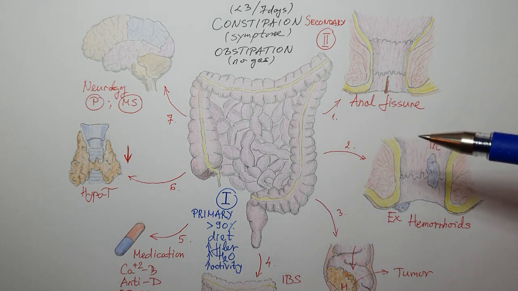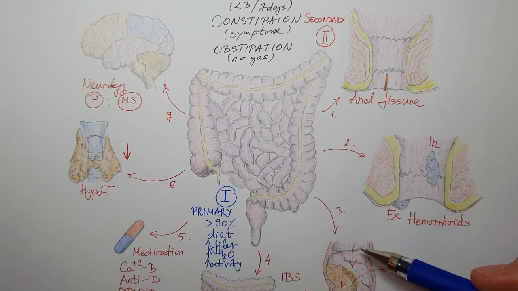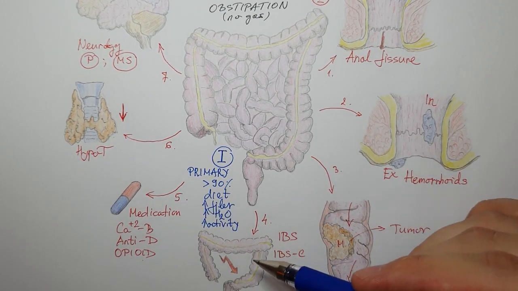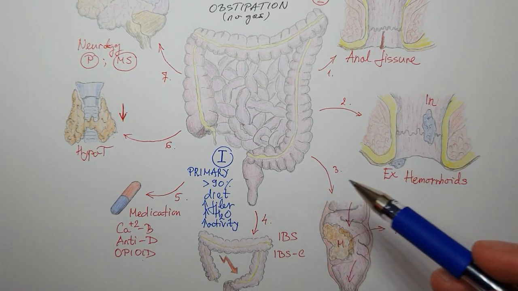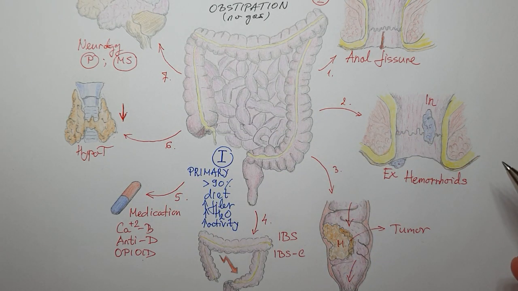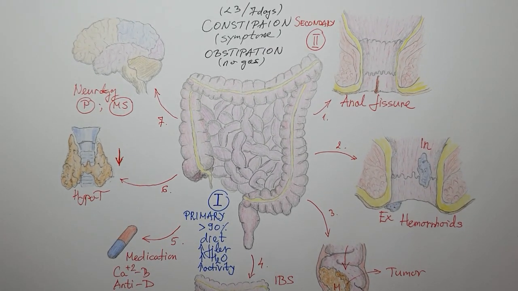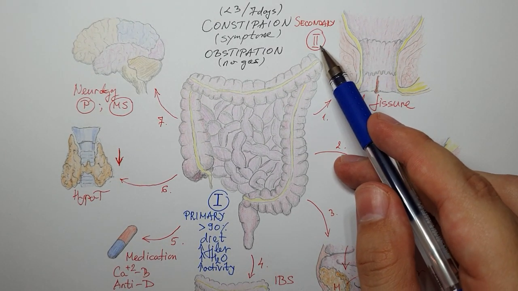There is also colonoparesis, problems with the anal floor muscles, anal fissures, different benign and chronic tumors, different diseases in the GI tract, systemic diseases, and so on. All of them can cause constipation, but in those cases, constipation is only a secondary symptom of an underlying cause.